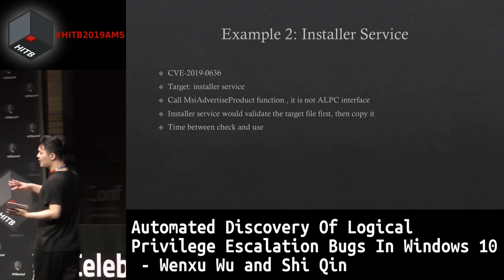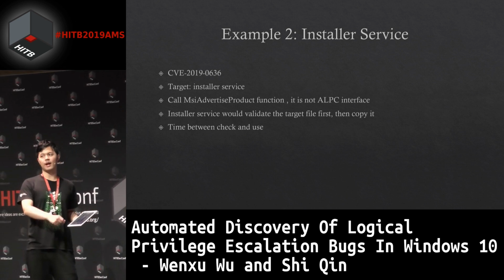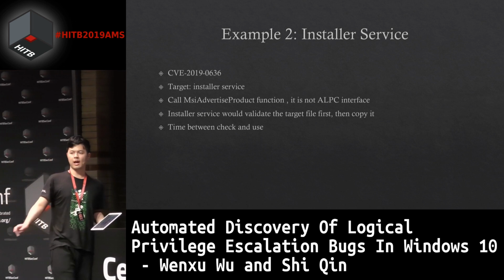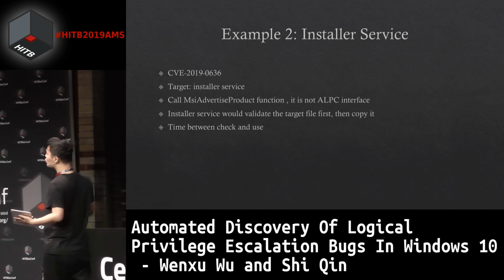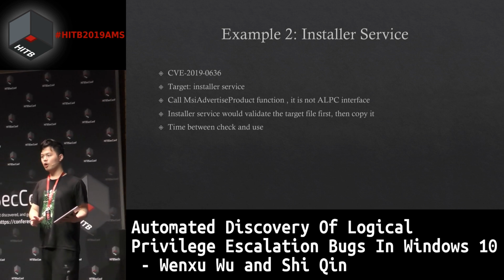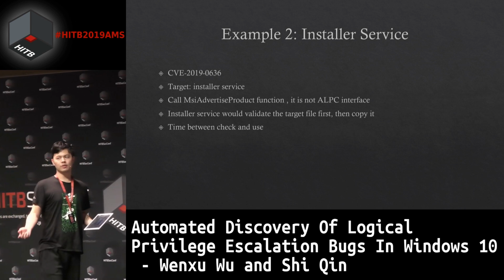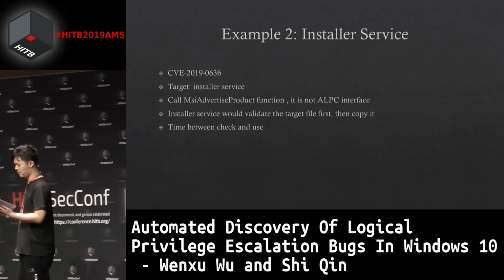The function validates the target file, and it would copy the target file. So there is a certain time between the copy happening and the check. You could think if the copied file is read by a normal user, he could break the rule and end up with privilege escalation.